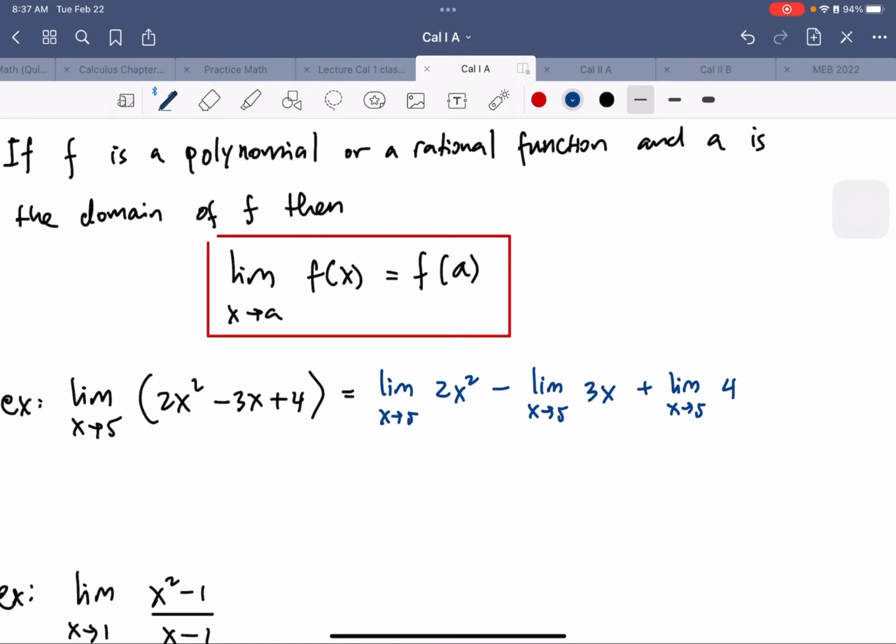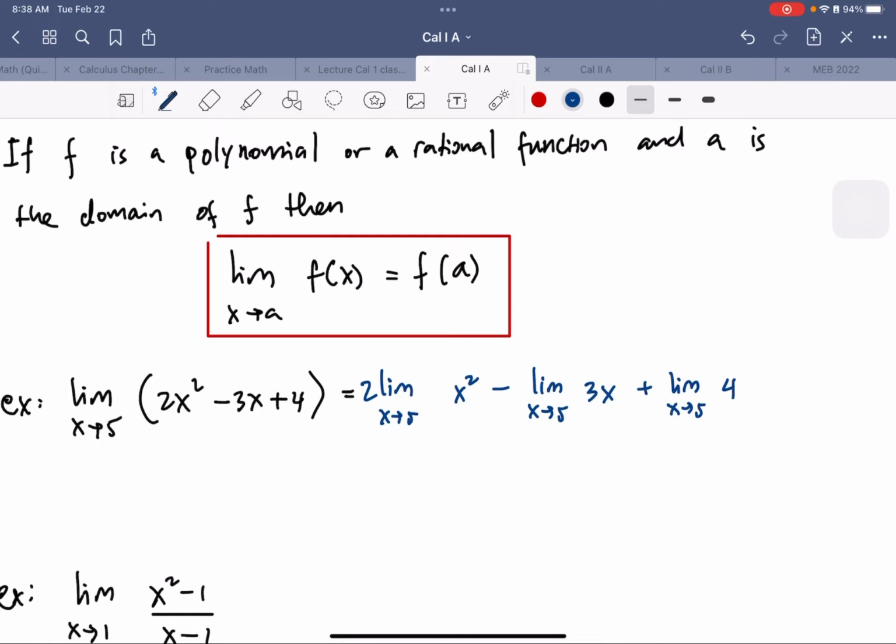Actually, this is what is happening when we evaluate the limit. Of course, if you're already familiar and used to it, we can just plug in, it's still the same. But actually, the process is that all this will be limited by the limit as x approaches 5, and we can write the 2 going out like this.